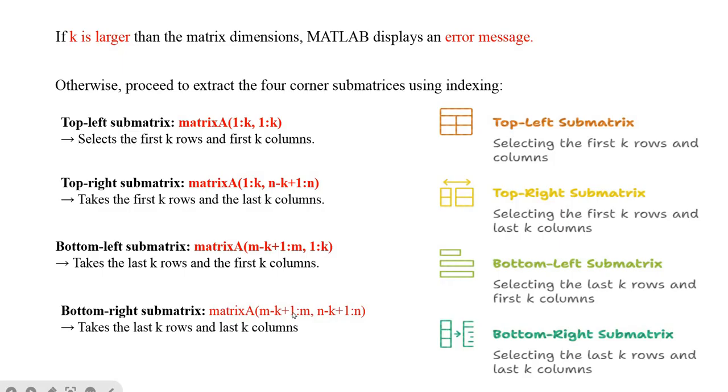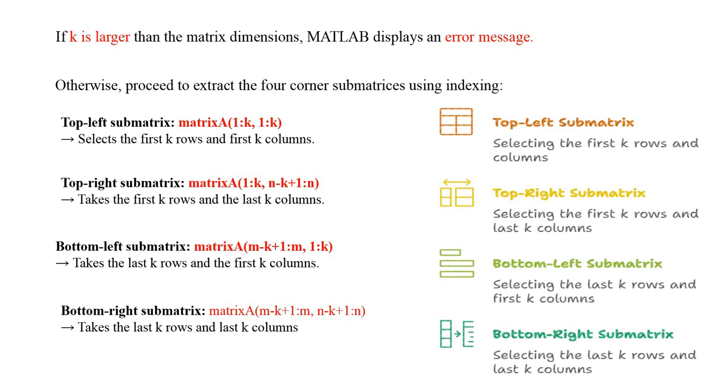So here it will take the last k rows and the last k columns. Bottom left submatrix takes the last k rows and the first k columns, and the bottom right submatrix takes the last k rows and the last k columns.